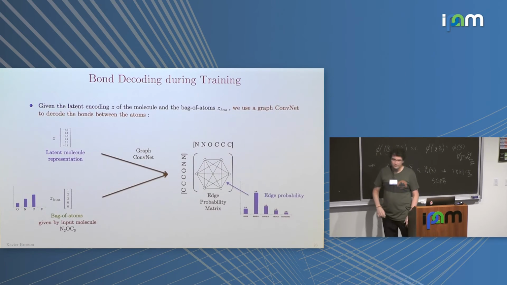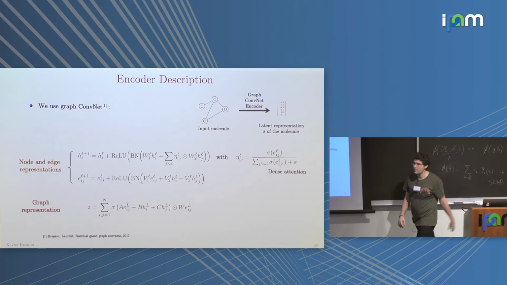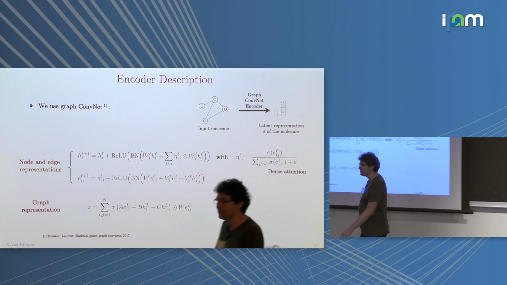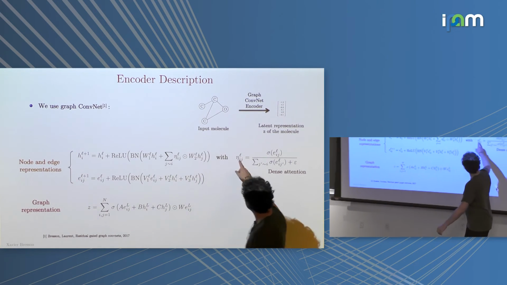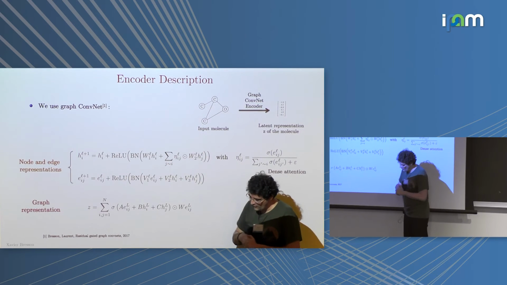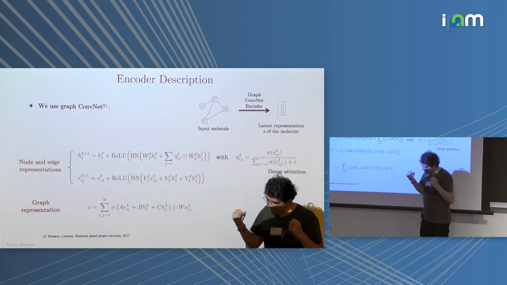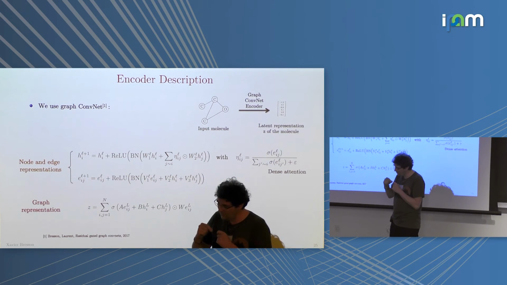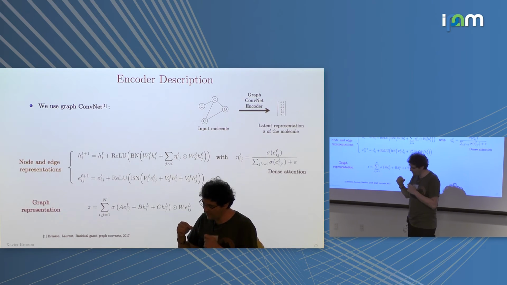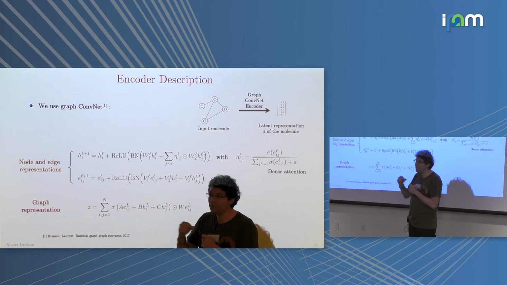Can you repeat your point about the dense attention, please? For the attention, in some sense, you want to know, for this atom, what are the other atoms that are important to be connected?